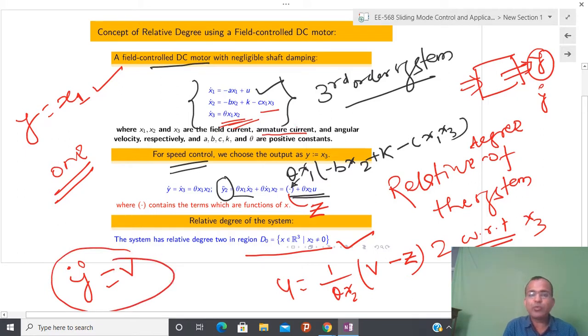So with respect to output y equal to x3, this system is a second order linear system, while the original system is third order non-linear. So using the concept of relative degree, it is possible to show that if I design a second order controller, it will work for the third order nonlinear system, provided all parameters a, b, c, k, theta are perfectly known.